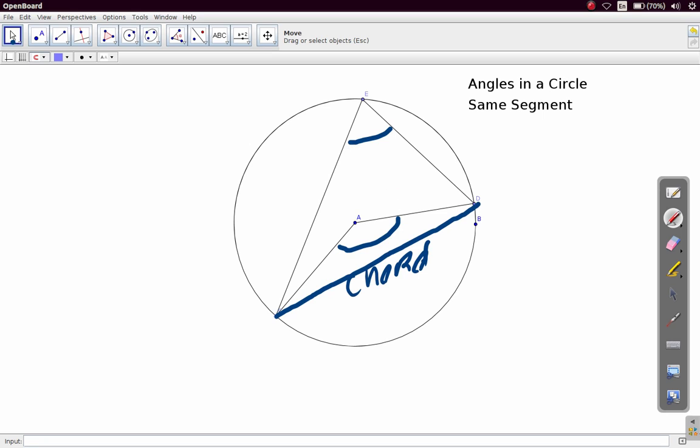So if the angle at the circumference is x, then the angle at the center is 2x.